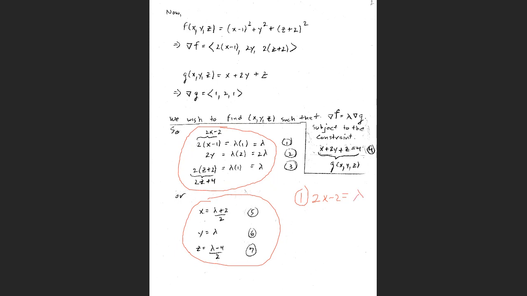And so I can solve that for x. 2x would equal lambda plus 2, and so x would equal lambda plus 2 over 2. And that's what I got here. Second equation, y equals lambda, that's sort of obvious.